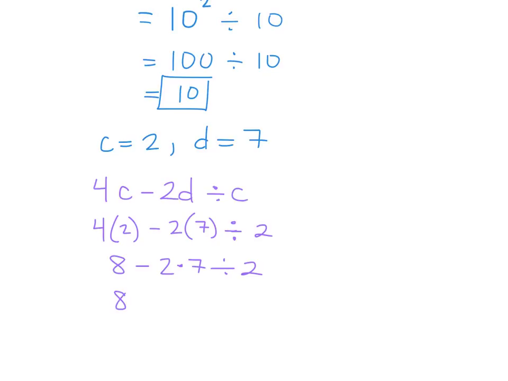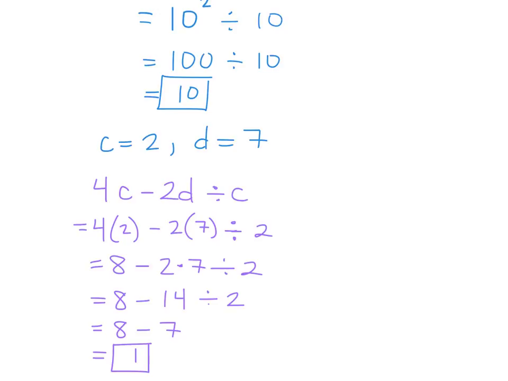So it's 8 minus 14 divided by 2. Then you do 14 divided by 2. So it's going to be 8 minus 7. And what do you get? 1. Okay. Questions on that one?